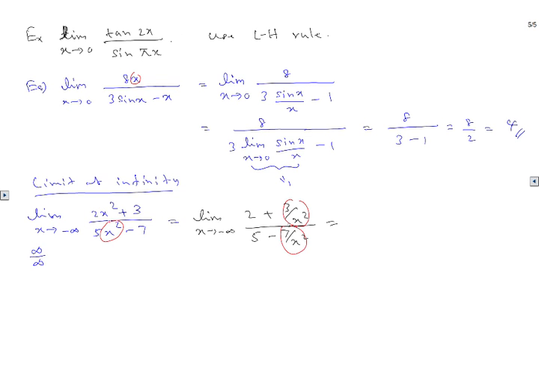So those two go to 0, and you end up getting 2 plus 0 over 5 minus 0. That means you get 2 over 5. Make sure you simplify. So 2/5 is the answer.